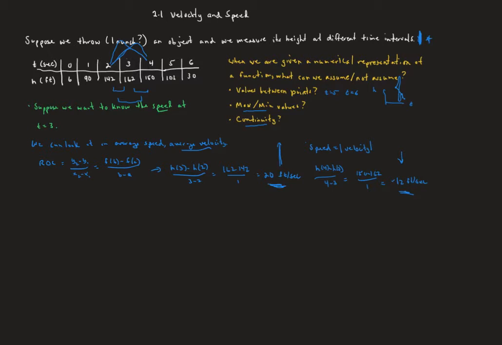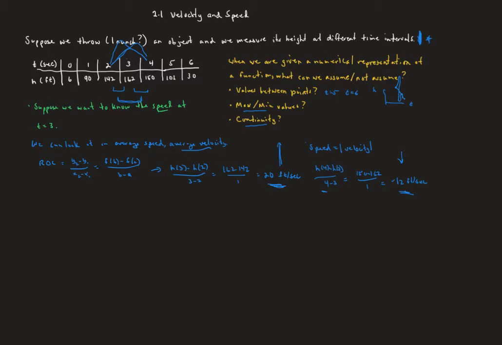Now, we are trying to approximate the velocity at 3, what we'll call the instantaneous velocity or speed. And we tried estimating it using values to the left and to the right. It would also be reasonable to try to use those two values, one right, one left.